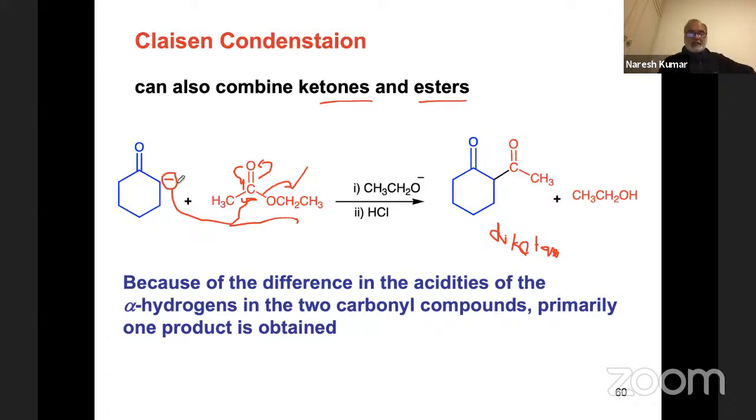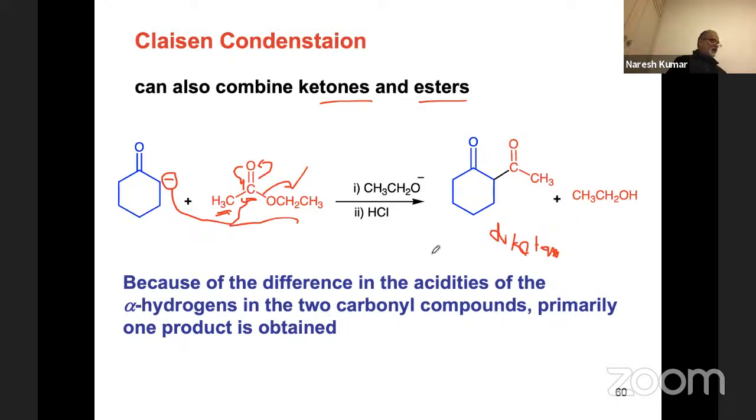And you might ask, why does it go this way? Why don't we lose a proton from this CH3? The reason is that CH2 adjacent to a ketone is more acidic than a CH3 adjacent to an ester. So that means this will be preferentially removed first and then attack the ester to give us the desired ketone compound.